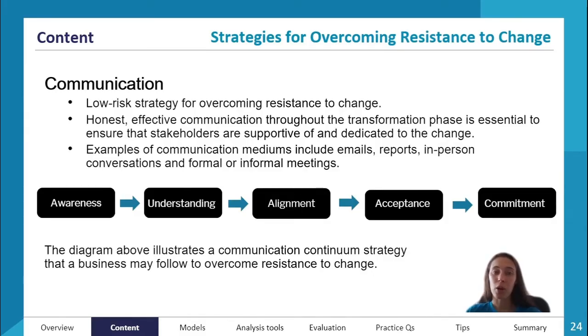Okay, we're up to strategies for overcoming resistance to change. I mentioned earlier how there are some different strategies for this, when we were talking about the management styles, and you can see that we've labeled these ones as either low risk or high risk, depending on the amount of risk the business would be taking on by using the strategy.